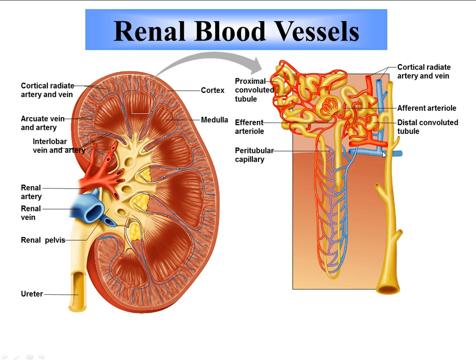And then the cortical radiate vein will converge to form a larger arcuate vein, and then the interlobar vein comes down between these pyramids, and it'll converge into the renal vein. The renal vein will dump the blood into the inferior vena cava. Okay, and take it back to the heart, and for the circulation to begin all over again.